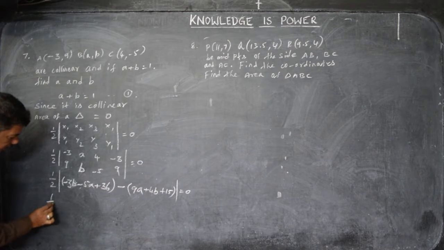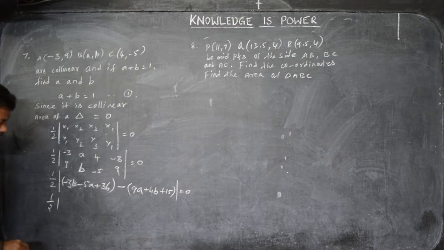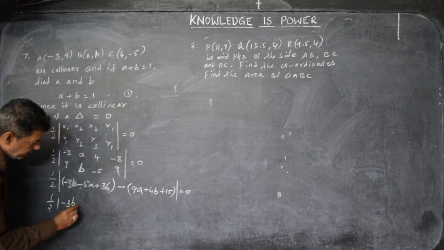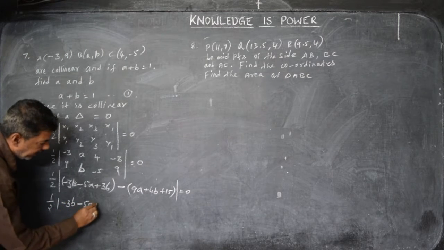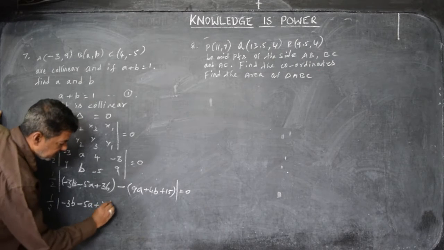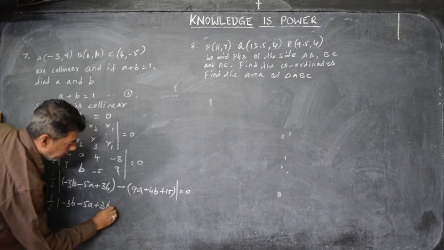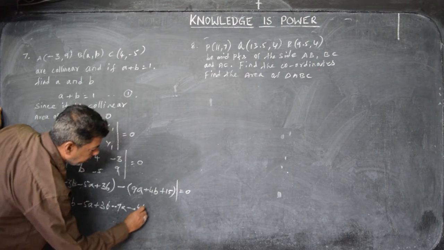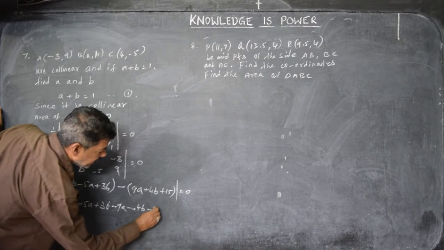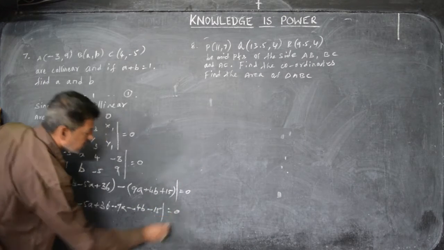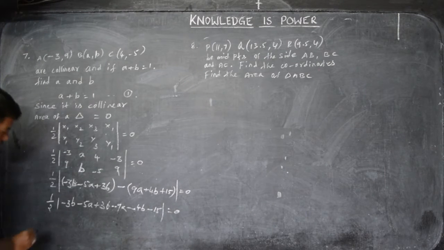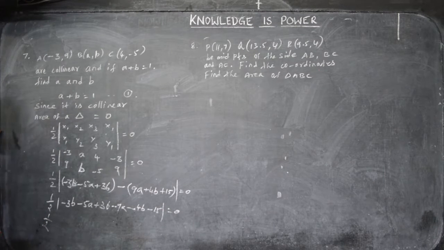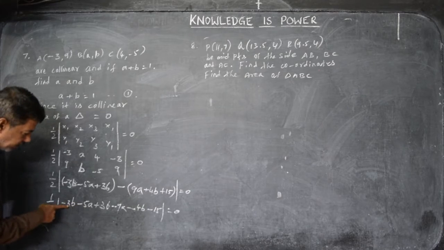What is that? 1 by 2 of minus 3b minus 5a plus 36. This will be changed. Minus 9a minus 4b minus 15 equal to 0. Now 1 by 2 is clear? So what is the answer?